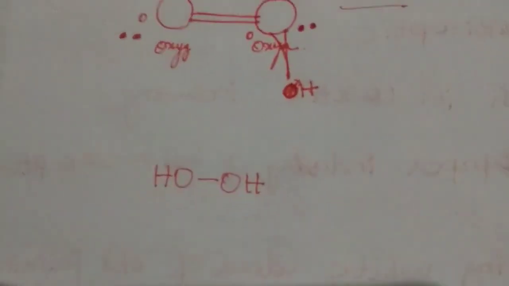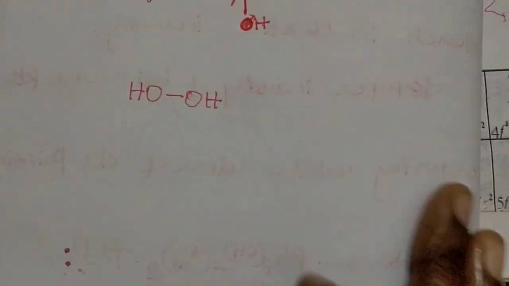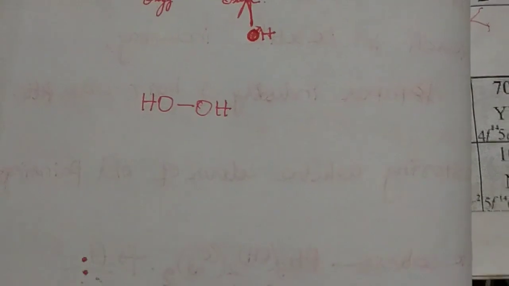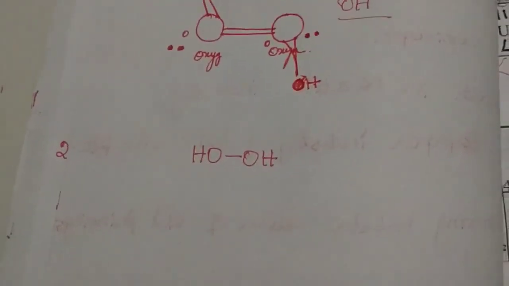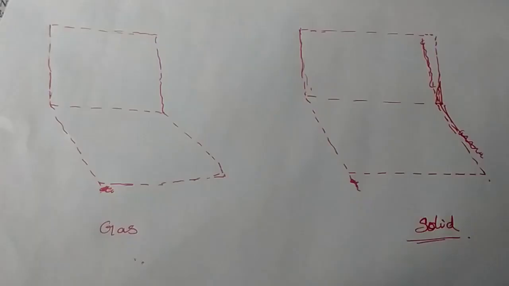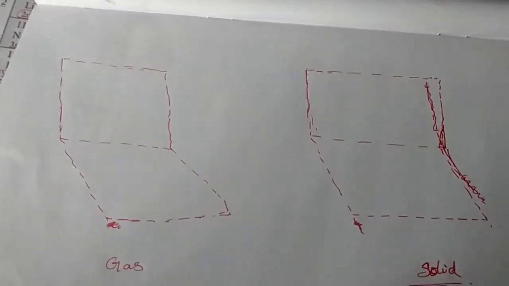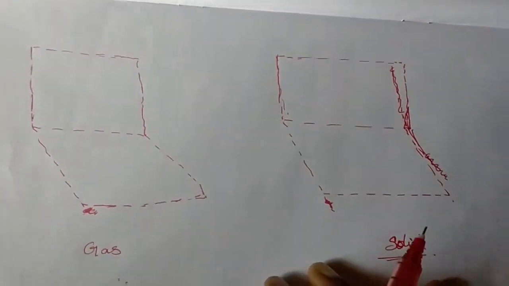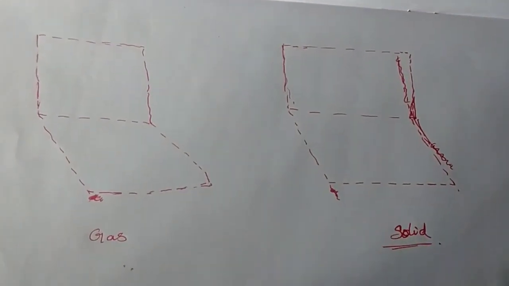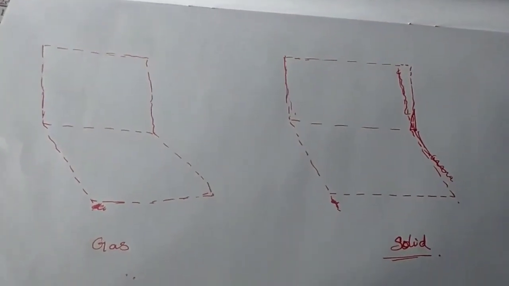That's why we can say hydrogen peroxide is a non-polar compound. Their molecular dimensions in the gaseous phase and solid phase are shown in this figure.